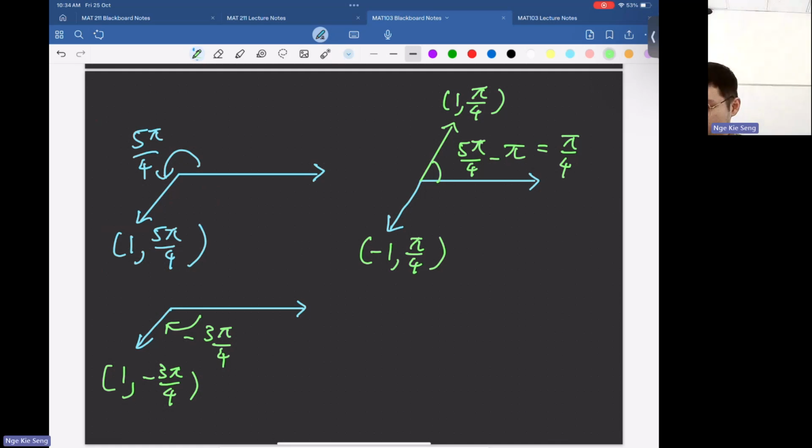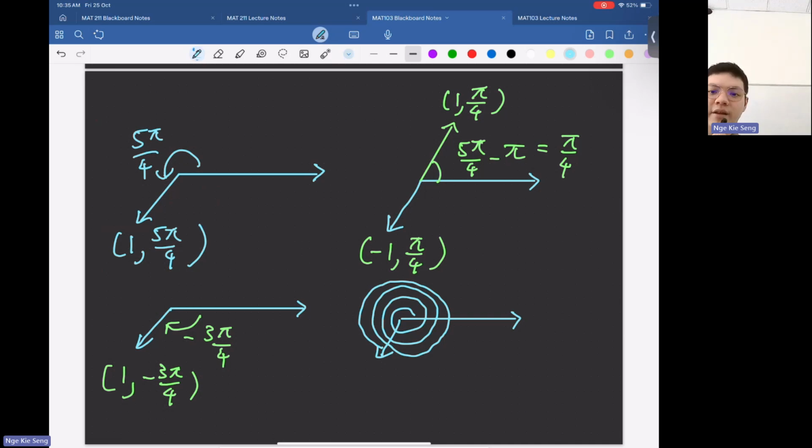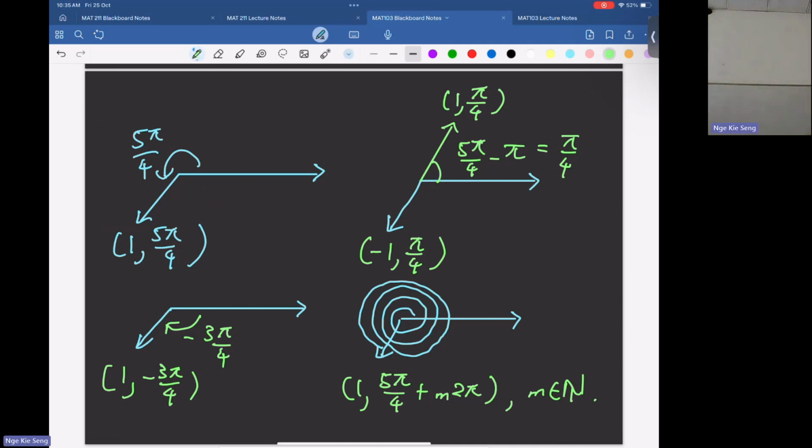And there's actually another hack about this point here. So what can you do? You can add a multiple of 2 pi and you still get back to the same point. So let me put it here: 1, comma 5 pi over 4 plus a multiple of 2 pi, for m in the integers. The multiple of 2 pi also applies to the other cases.